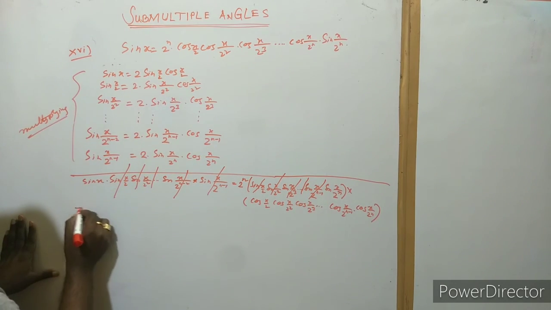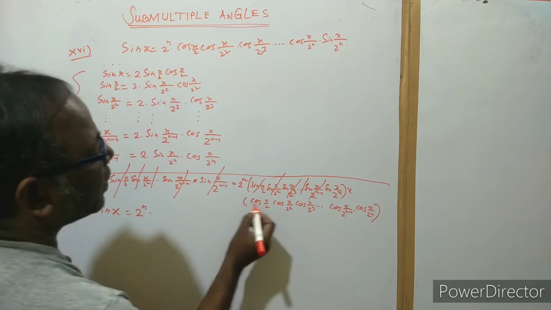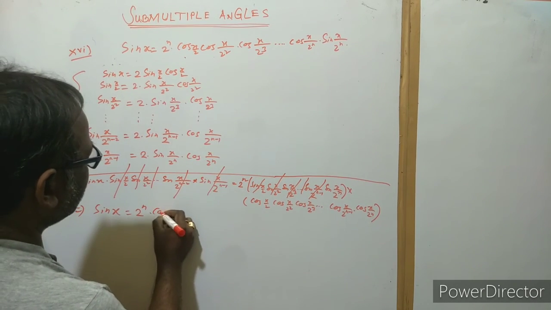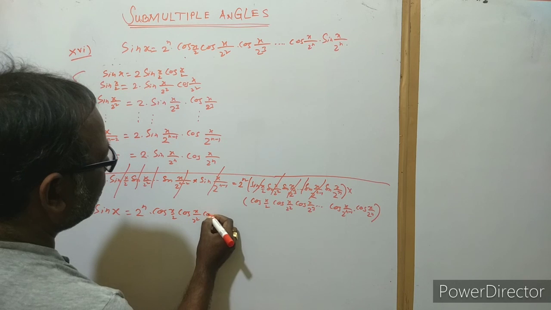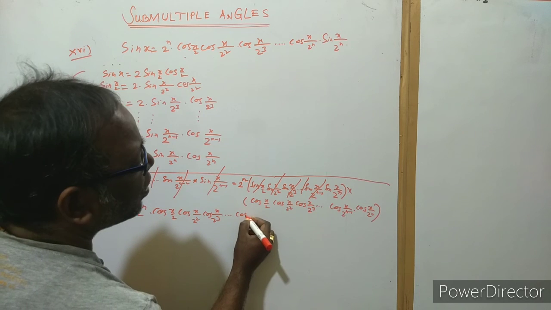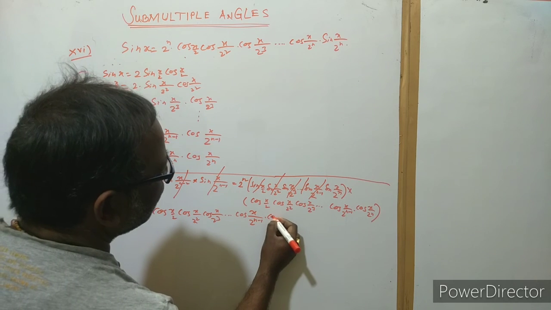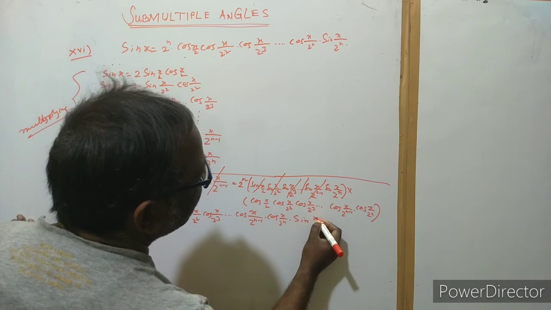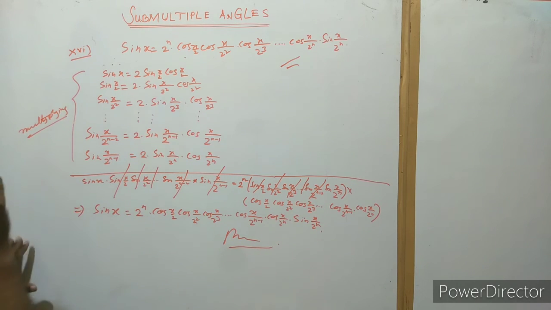Then we have left here sin x, and this is 2 to the power n. And now see, this is here cos x by 2, cos x by 2 square, cos x by 2 cube, and this continues up to cos of x by 2 to the power n, and you also have left in the sine, sin x by 2 to the power n. Okay, very interesting question.